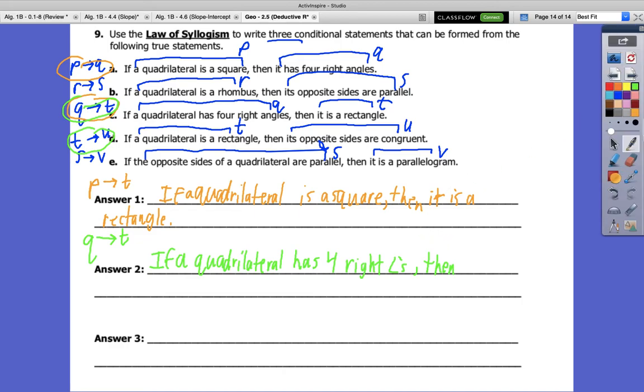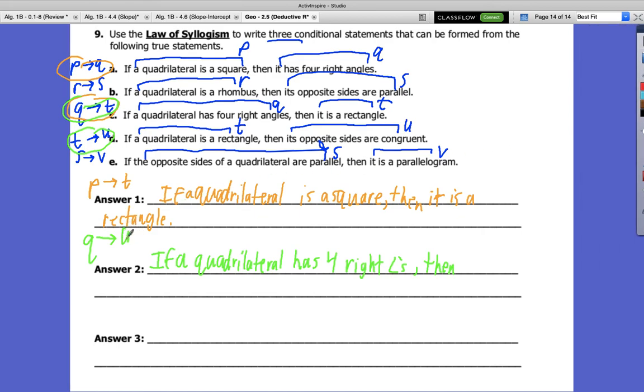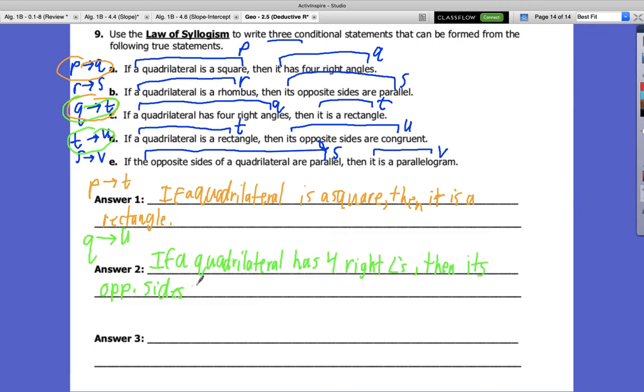I said if Q then T, excuse me, that shouldn't be T, that should be if Q then U. I'm going to abbreviate opposite into OPP, opposite sides are congruent.